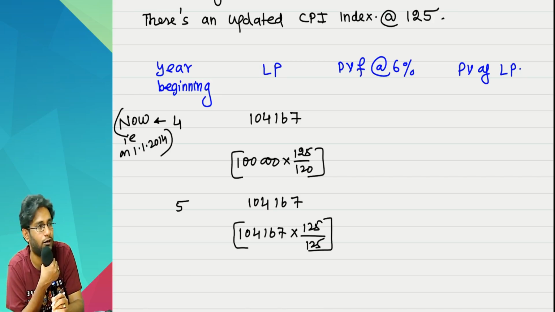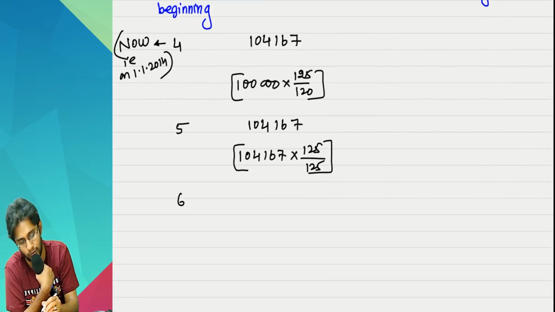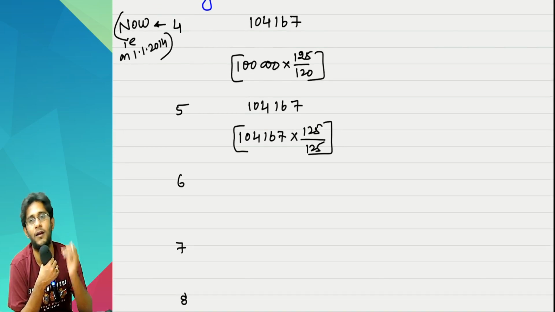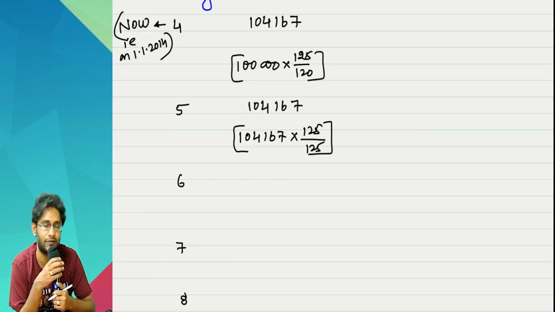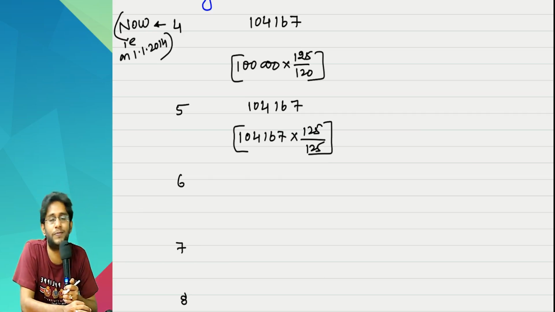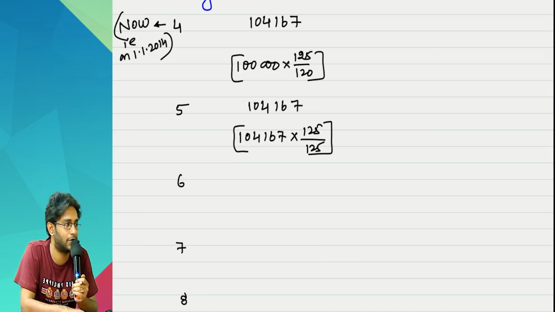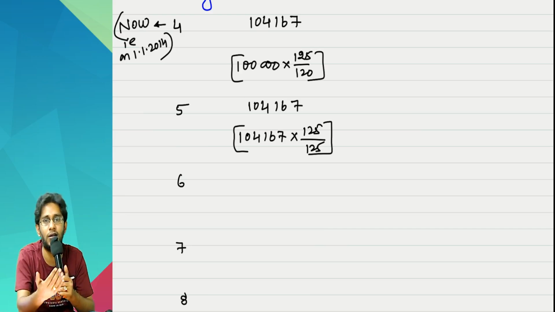Because data is not there, you will assume that the same CPI will proceed. Here you should be careful. That fellow told that lease rent is 1 lakh for the first 5 years. For the last 3 years, lease rent is going to be 1,10,000. So how much percentage increase did he make? 10%. So what you should do is take the 5th year lease rent and add 10% to that.